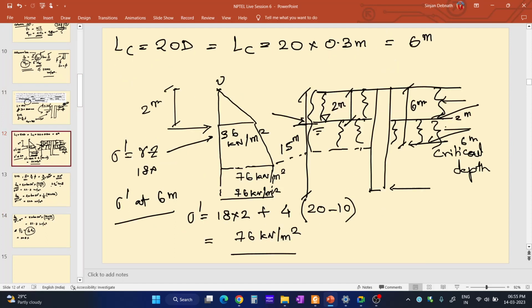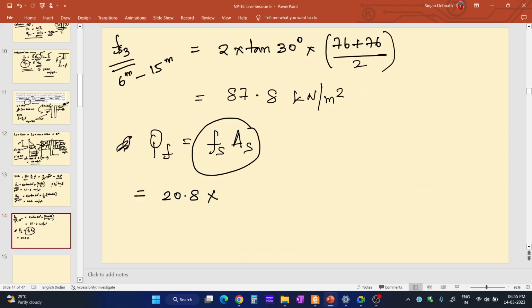It is pi into d into the length of the top portion. The length of the top portion is 2 meter. So that means pi into 0.3 into 2, pi d L, where L is 2 meter.